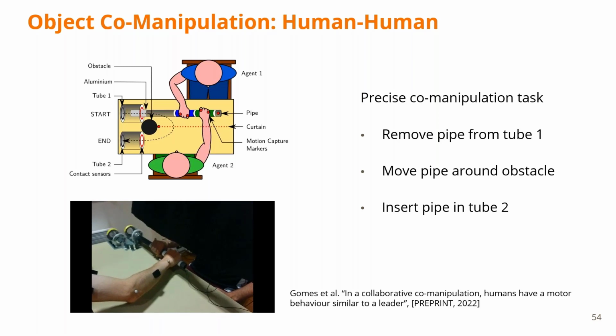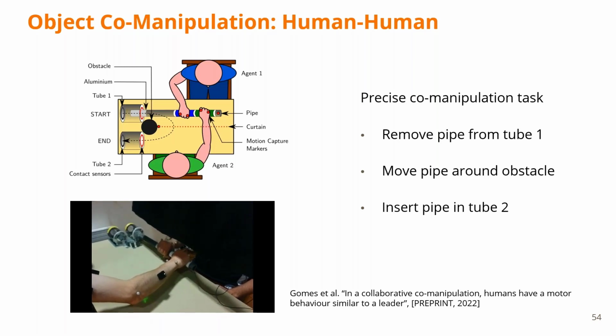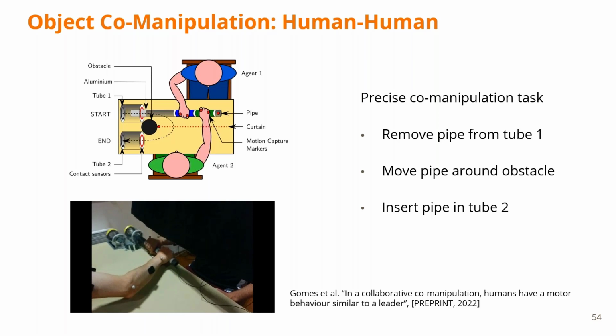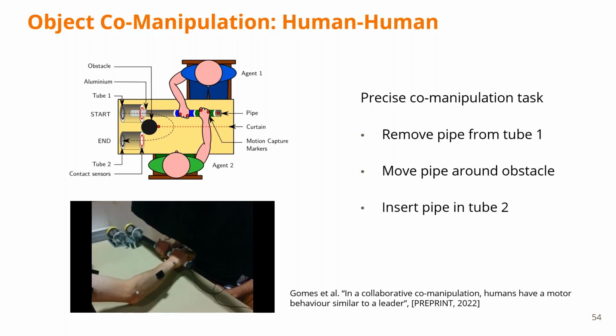As you can see, this task needs a high level of accuracy to execute successfully. And on top of that, we designed the experiment to be executed with different coordination strategies for the human-human dyad.